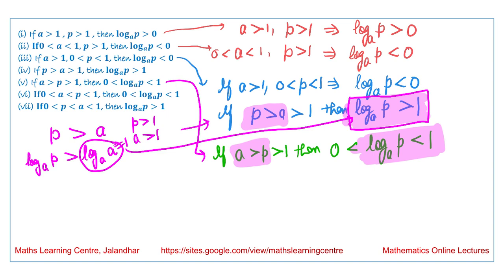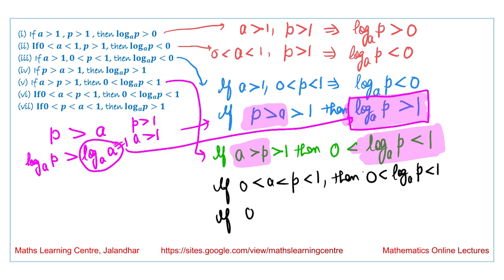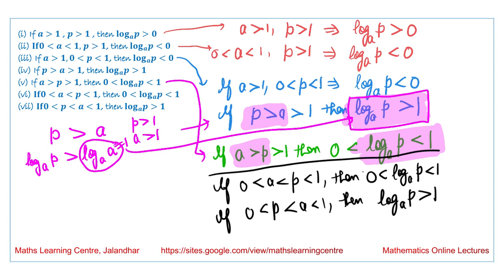Next, if 0 is less than a is less than p is less than 1, then 0 is less than log p to the base a is less than 1, and if 0 is less than p is less than a is less than 1, then log p to the base a is greater than 1. These are the last two results mentioned over here.